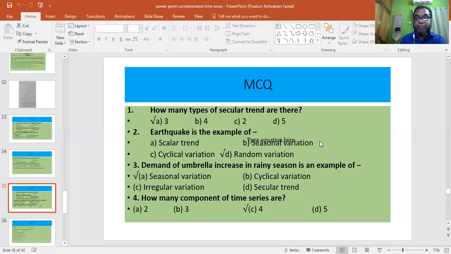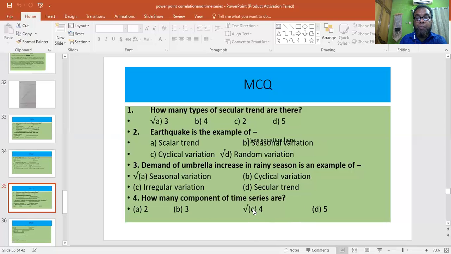Like in summer, we need air condition, or in Eid ul-Adha, we need deep freeze. This is seasonal variation.